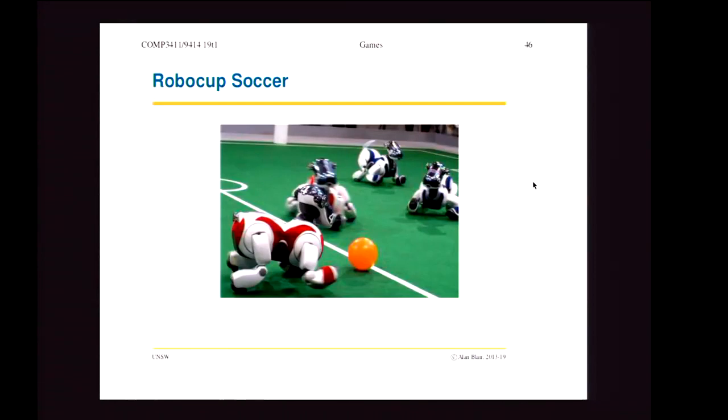And there are algorithms like the Kalman filter, where I take what I have an idea of where I think I am on the field, and then I make an observation, and then I update my estimate. So I'm continually updating my estimate of where I am based on what I observe. And then you also need to look at low-level control, so programming walking behaviors for the robots, turning behaviors, shooting behaviors.